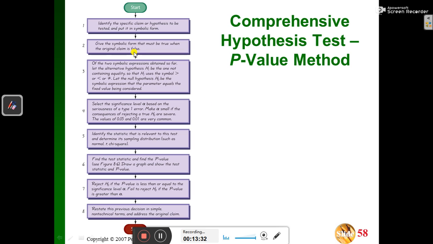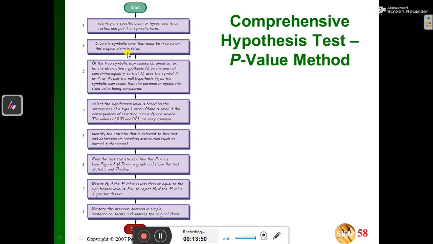So as a whole, our p-value method is like this. We first identify the specific claim or hypothesis to be tested and put it in symbolic form. Give the symbolic form that must be true when the original claim is false.